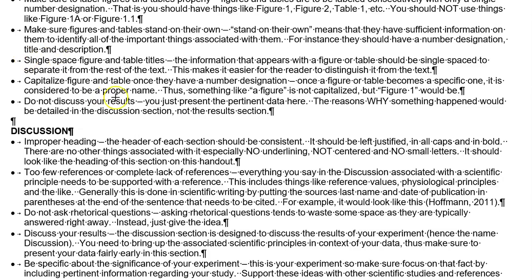But the figure and table titles should be single spaced. That's going to distinguish them from the text. Oftentimes the figure or table information will be very similar to what the text says, because you're explaining it and making it stand on its own. So you need to explain it in a couple places. Here's a really good place to bring this up.